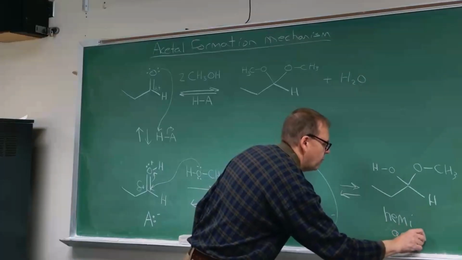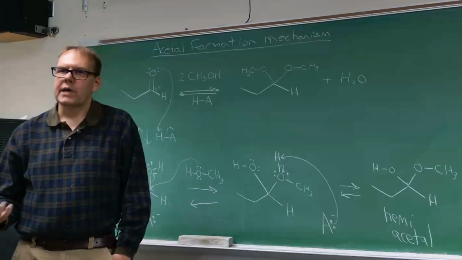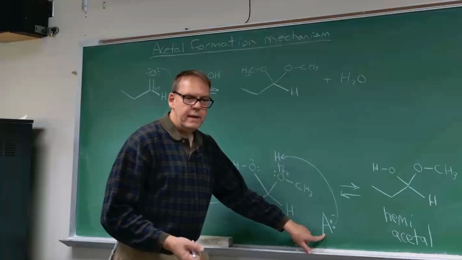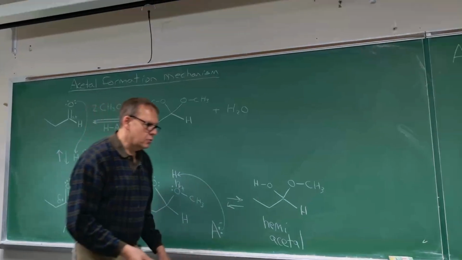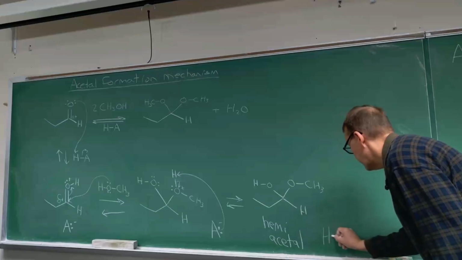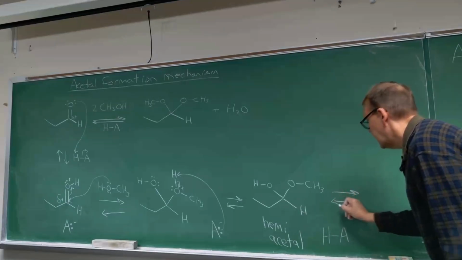And this is the halfway point on the way to an acetal. Literally, hemiacetal is halfway to an acetal. And the A minus here grabbed its proton, so we reformed the catalyst in this reaction. It is there, back again, and it can do some more work for us.